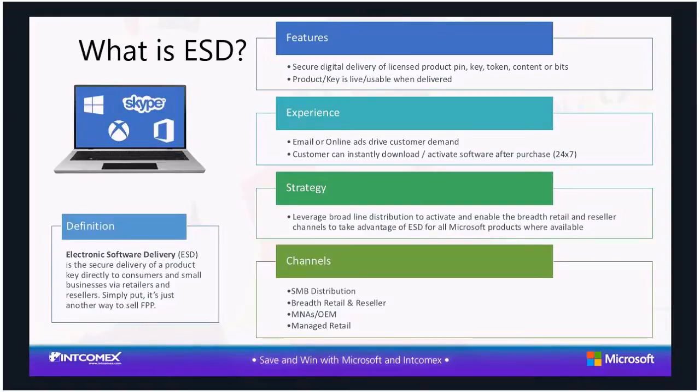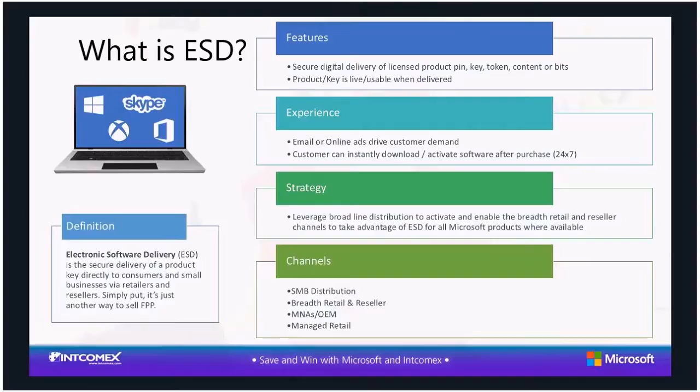Then you can send that key to your customer's email directly, and they get an email with all the information needed to download the product bits to their computer, and the key to activate it. And then the product key is live and usable when delivered, instantly for the customers.